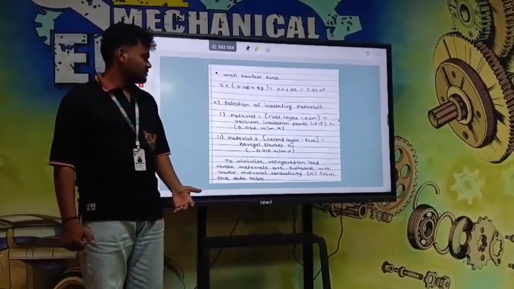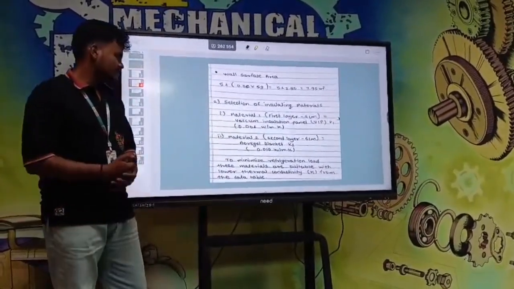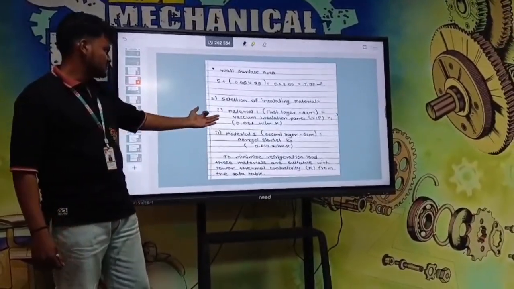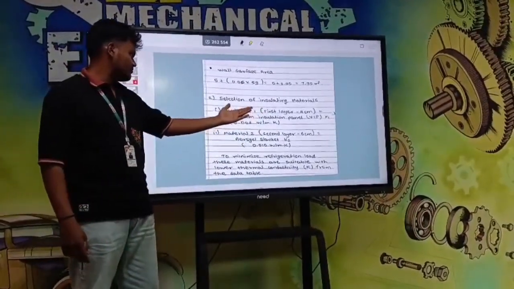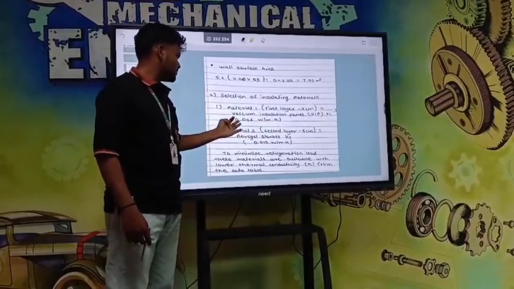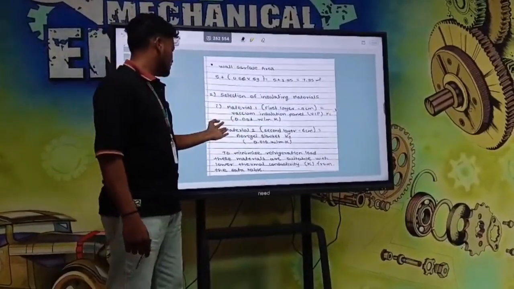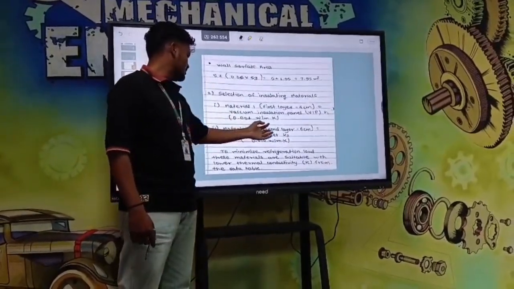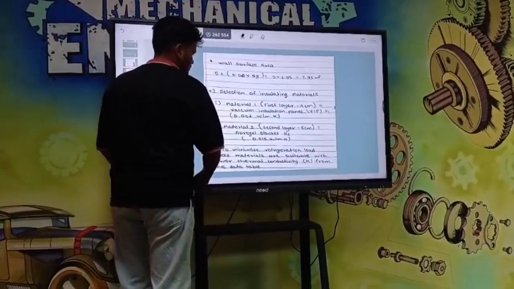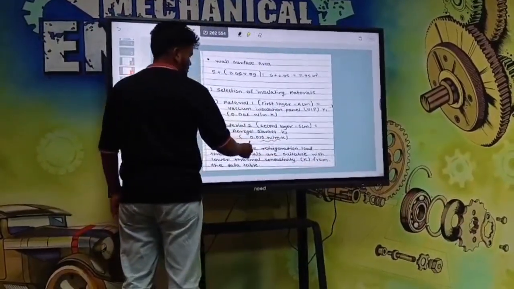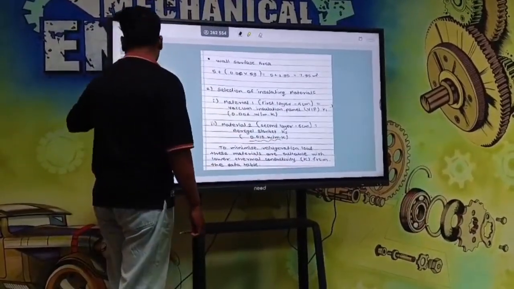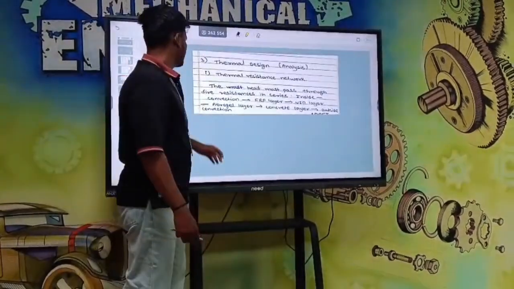To minimize the refrigeration load, these materials are suitable. First is a vacuum insulation panel, VIP, whose K1 is given in the table itself, and the second material is the aerogel blanket, whose K value is also given in the table.